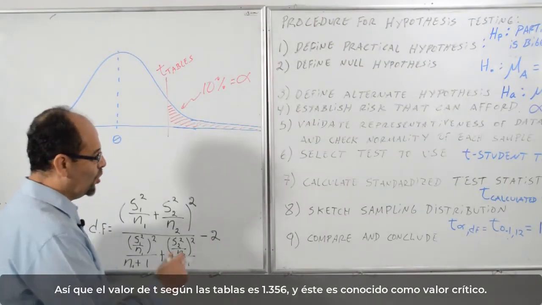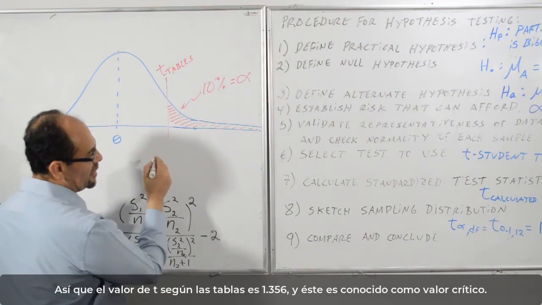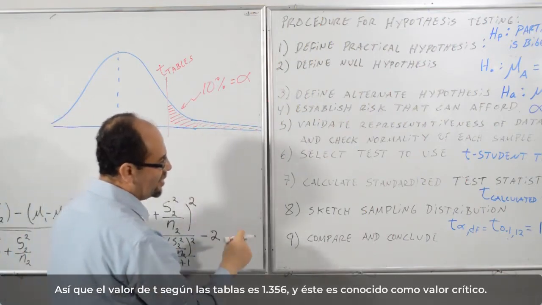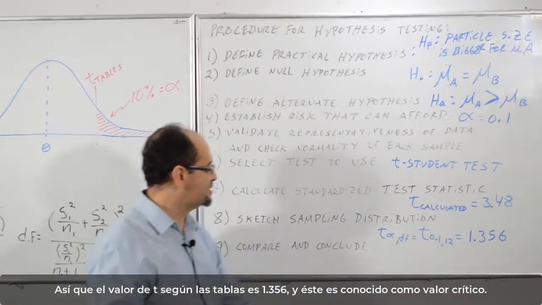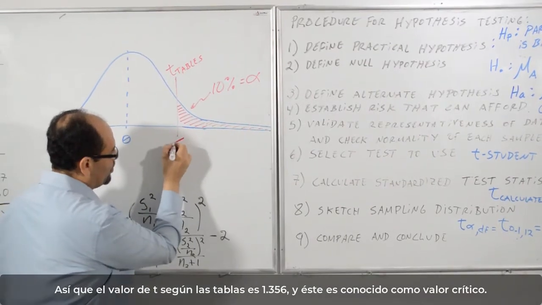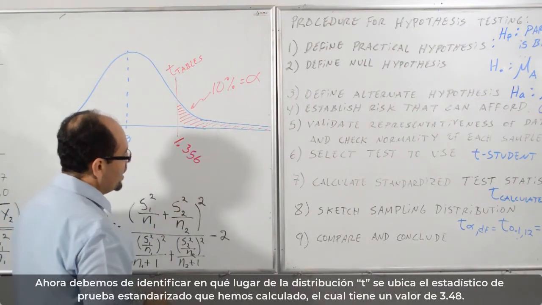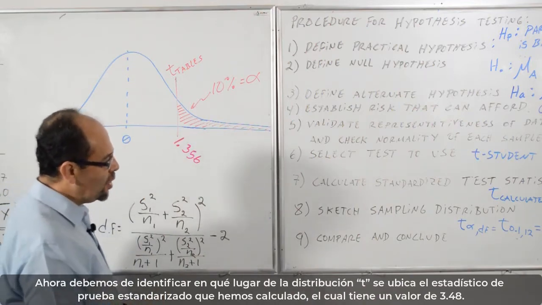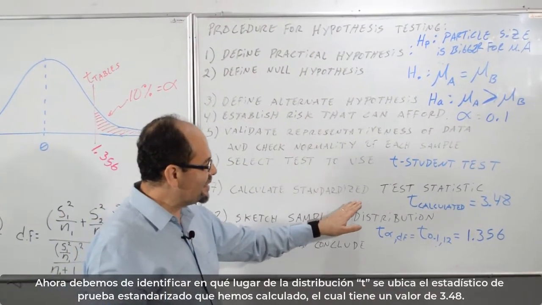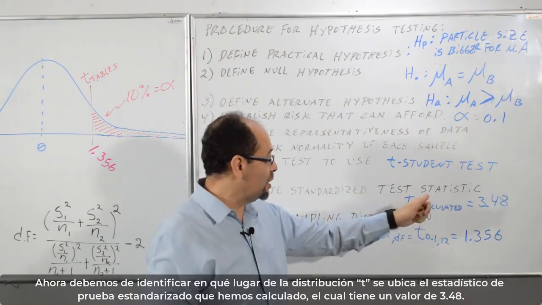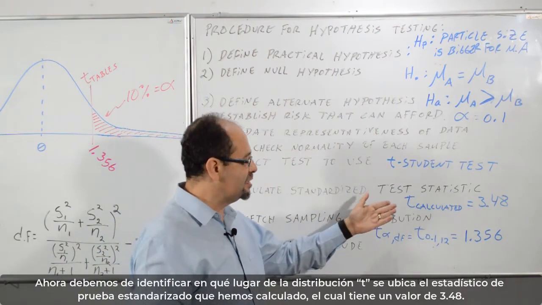Then the value of t of tables is 1.356. And that is the critical point, 1.356.